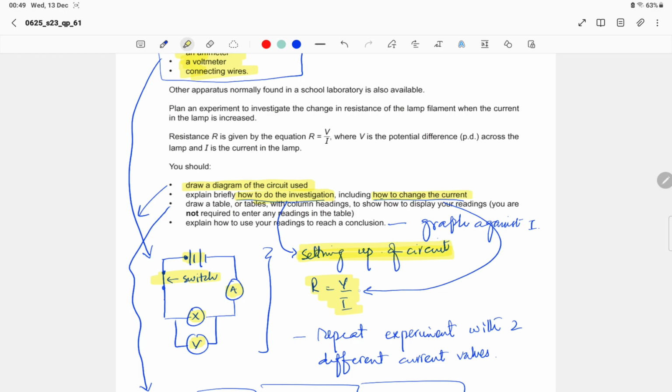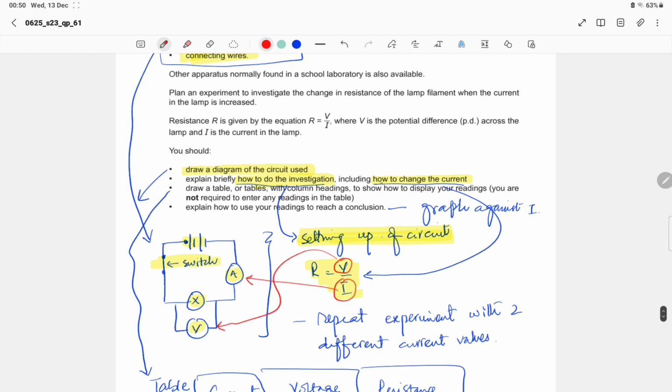To find the value on the voltmeter, you will be checking the reading on the voltmeter. For the current, you will be checking the readings on the ammeter to find out the change in the current, and how you are going to change your current.